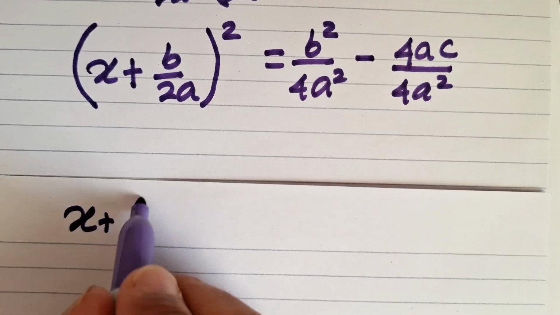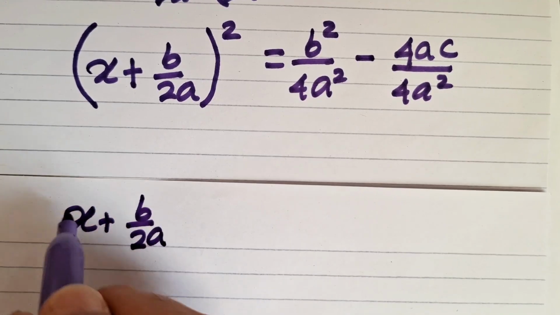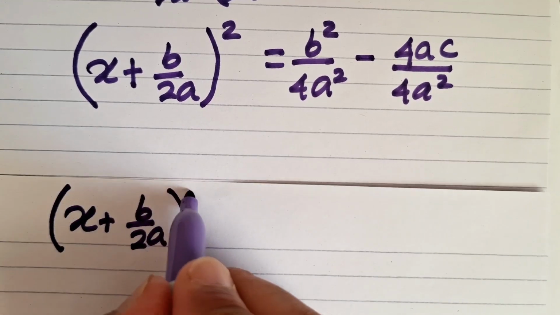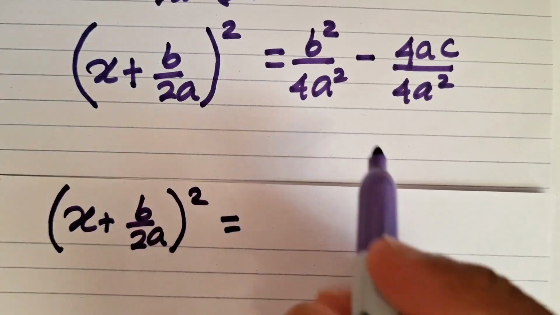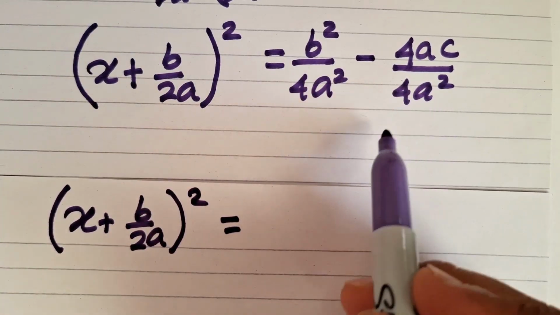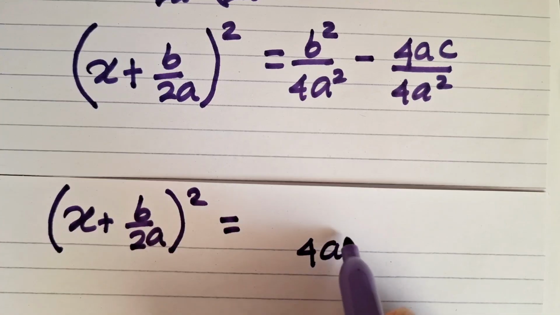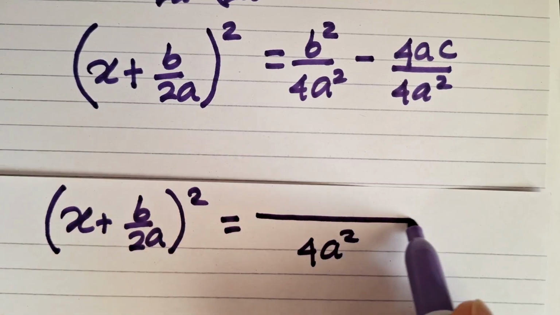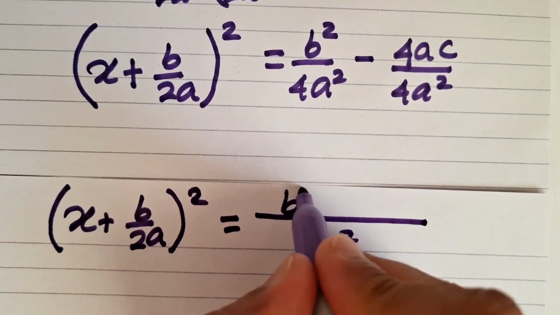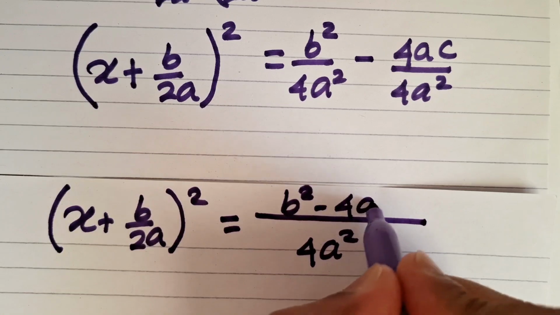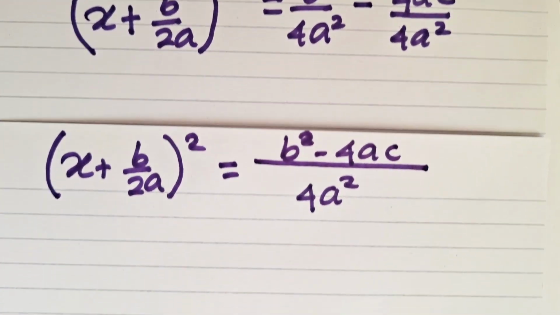Now x plus b over 2 times a whole to the power 2 is equal to, now 4a squared is our common denominator. In the numerator we have b squared minus 4 times a times c.